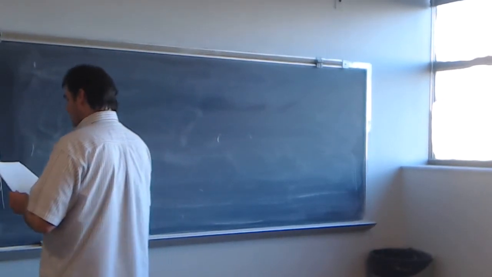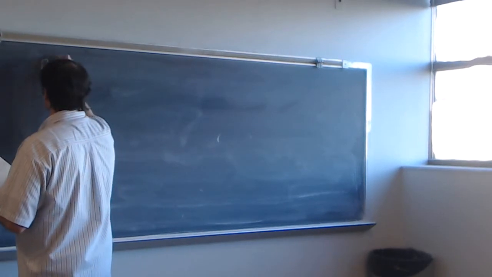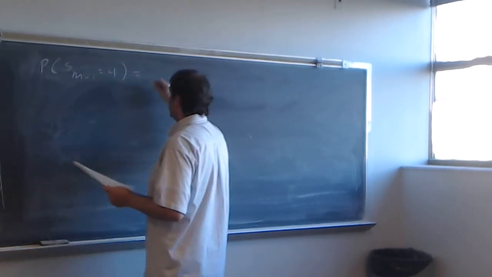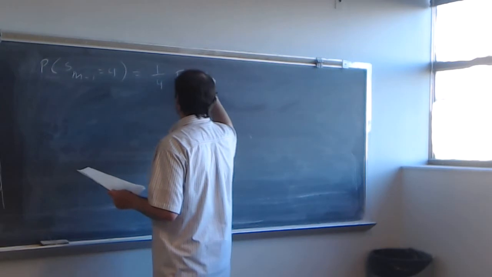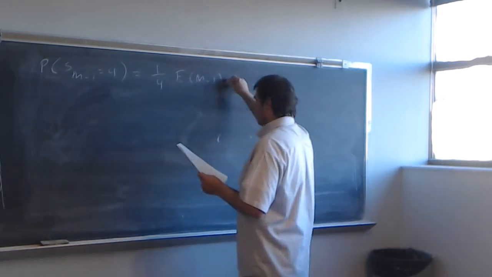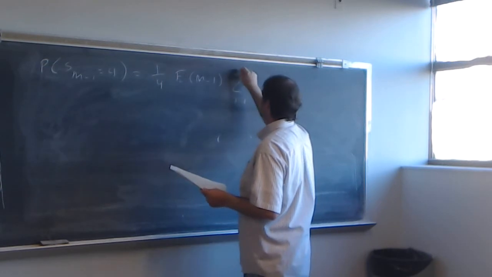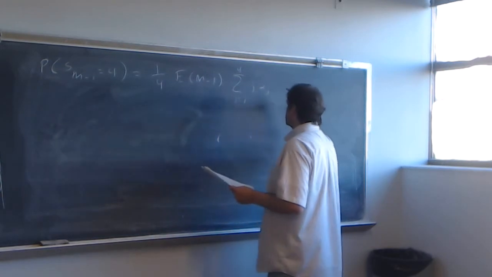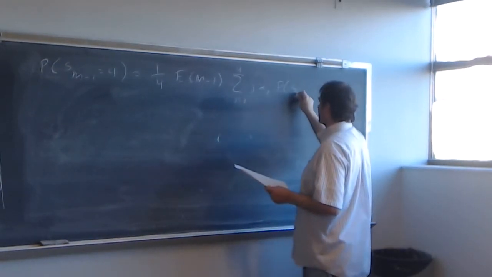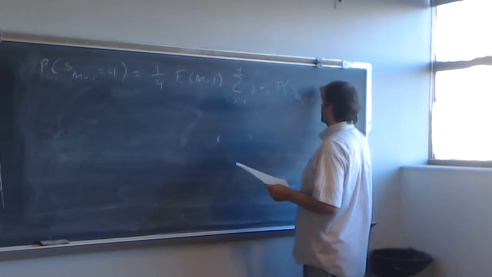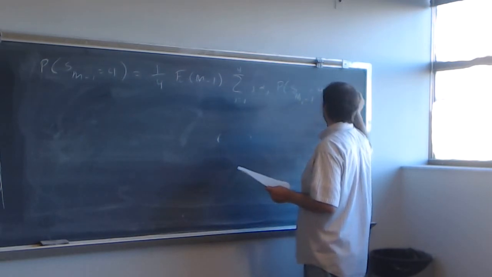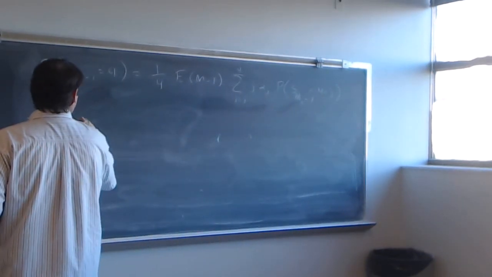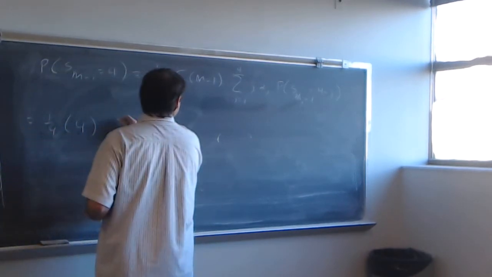We also needed the probability that S of M minus 1 equals 4, using that corollary again. 1 over K, that's 1 over 4, take the value of M minus 1 times the sum as J runs from 1 to K, that's 4, J, alpha sub J, probability of S of M sub 1 minus 1 equaling K, which is 4 minus J. Okay, this is going to be equal to 1 fourth times 4 times the sum.